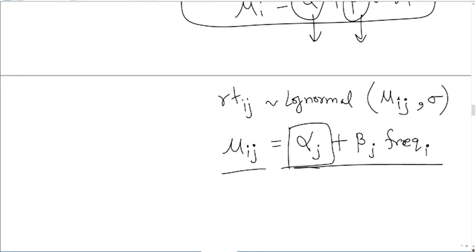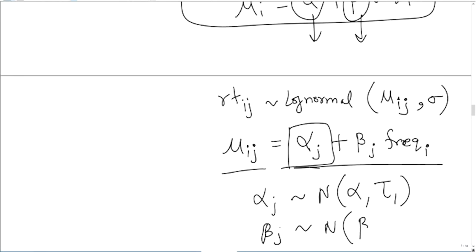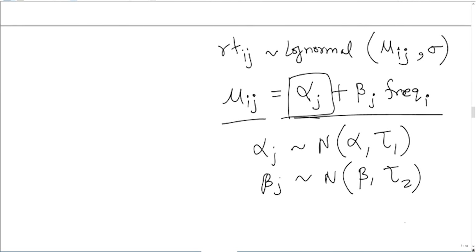So we can further write that, let's say alpha j comes from normal alpha tau 1 and beta j comes from normal beta tau 2. These are our assumptions about how individual level processing speeds and individual level frequency effects are distributed. We are assuming that they come from normal distribution with population level alpha and beta, and population level tau.